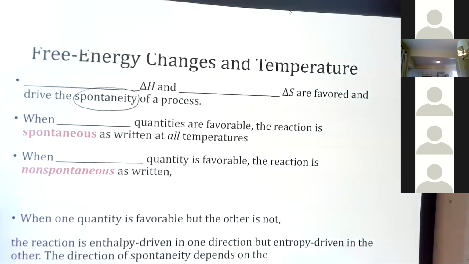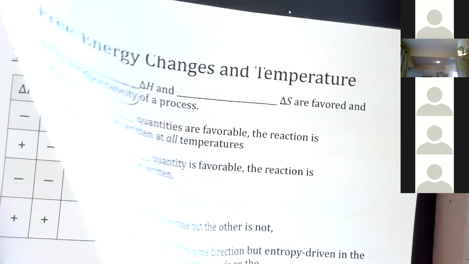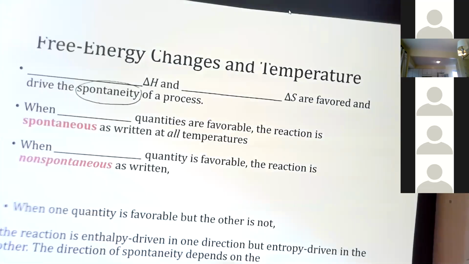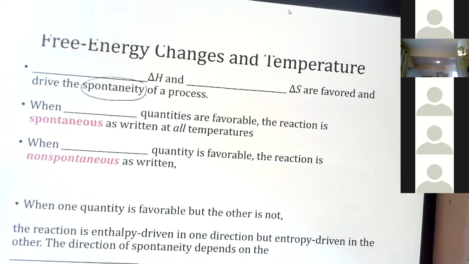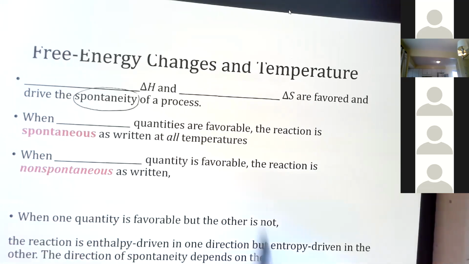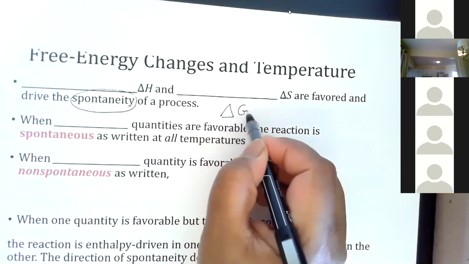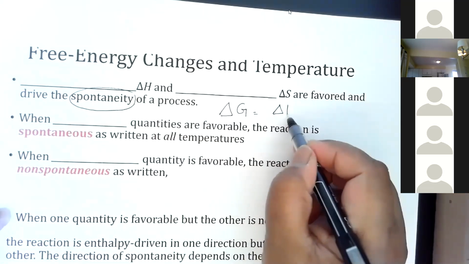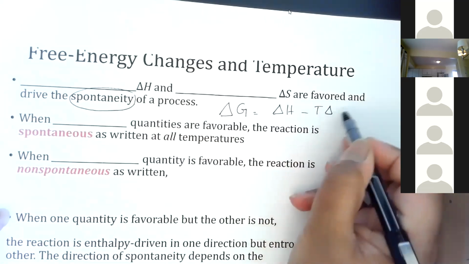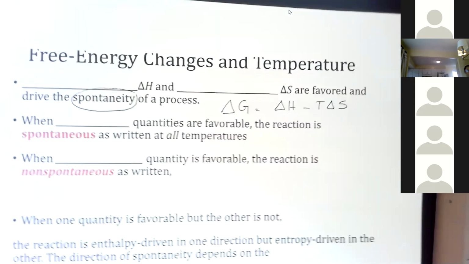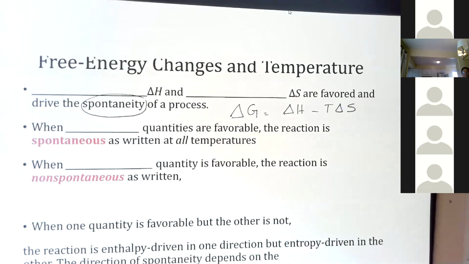Now, if you want your reaction to be spontaneous, delta G equals delta H minus T delta S. Mathematically, what signs of delta H and delta S will favor the reaction?